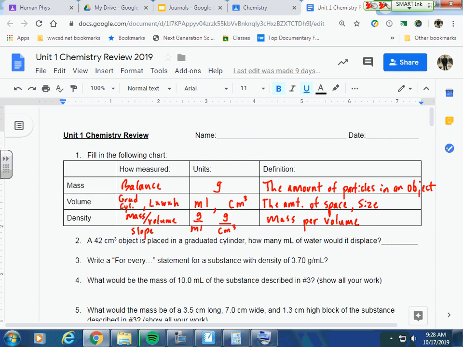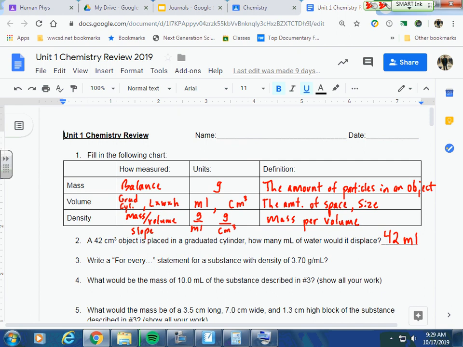So if this object has a volume of 42 cubic centimeters, that means its volume is also 42 milliliters, which means if we put it into water, it should make that water rise 42 milliliters. So it's going to displace 42 milliliters of water. Pretty easy.